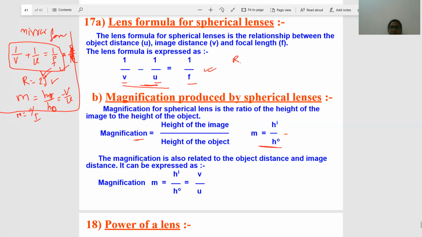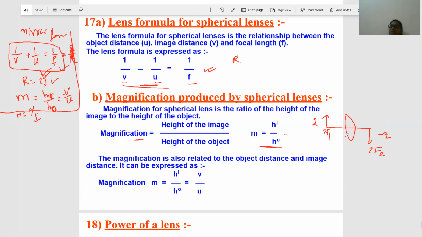Similarly, magnification is also related as image distance by object distance. Suppose you take one lens where you keep the object at 2f. When you place it at 2f, you will get the image at 2f on the other side, an inverted image. So here you take object distance as 2, and image height as minus 2, because it is down, so you have to consider minus.